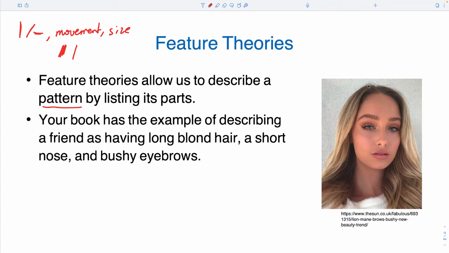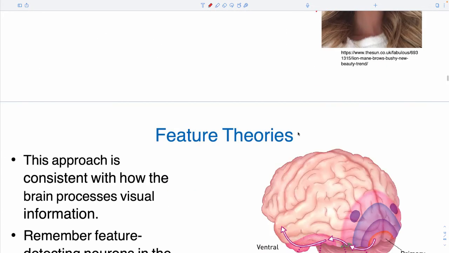And your book has a nice example of describing a friend as having long blonde hair, a short nose, and bushy eyebrows. And so in the case of faces, these are the features that we're looking at. The length of the hair, the thickness of the brows, the size and shape of the nose, the size and shape of the lips, and so on. And so we can use those features to help recognize our familiar friend.